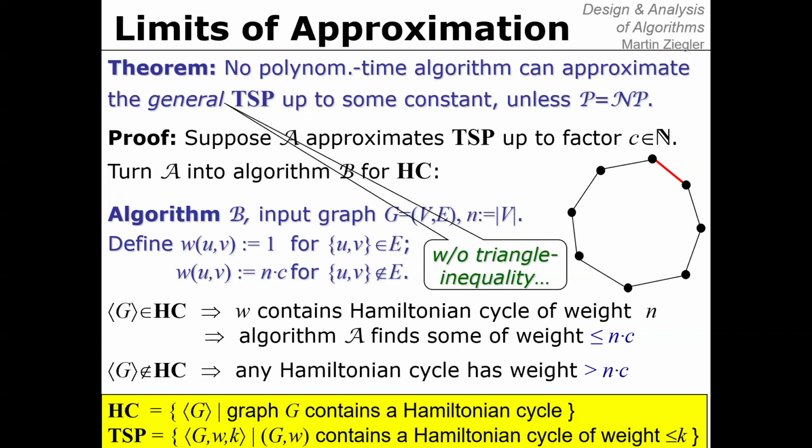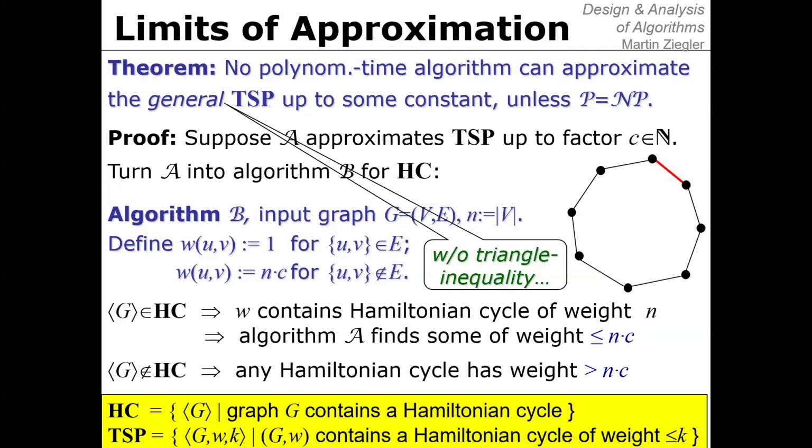So from the output, even of the approximation algorithm, we in our algorithm B can deduce logically whether the original graph had a Hamiltonian cycle or not.